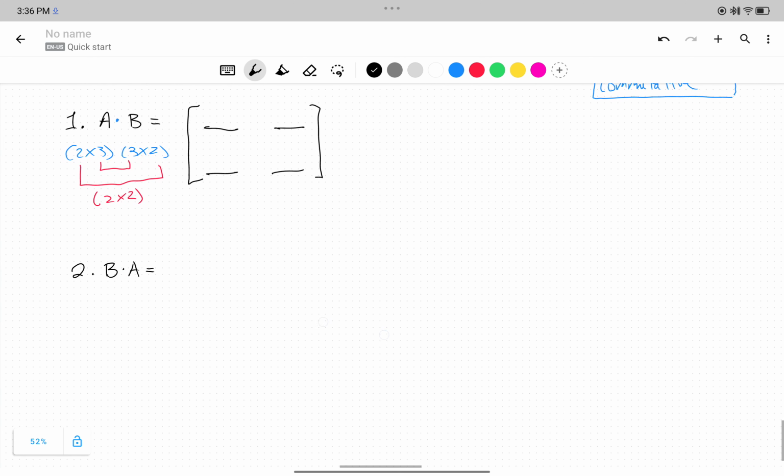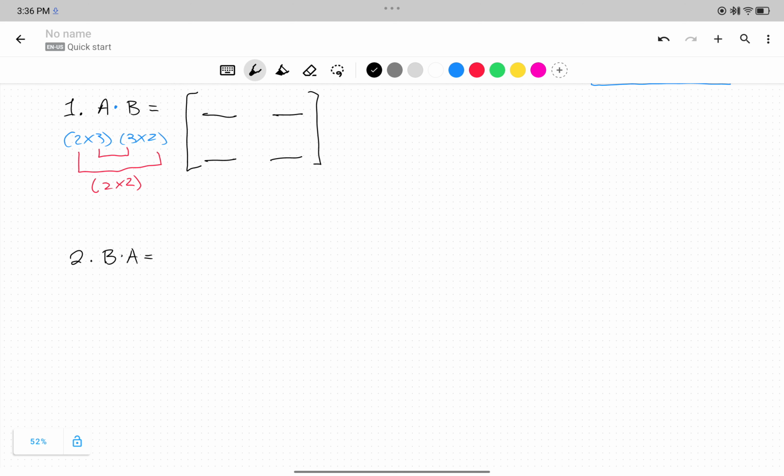Let's check it out. What if it was in the other order, right? 3 by 2, 2 by 3. Are the middle numbers the same? Yes, they are. But what about the outside numbers? Well, this is 3 by 3. So guess what?